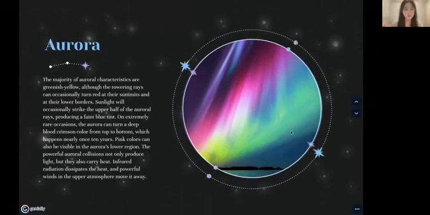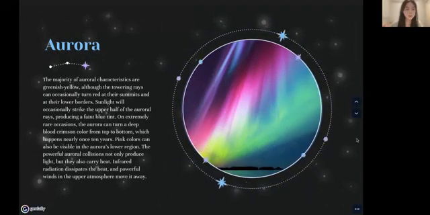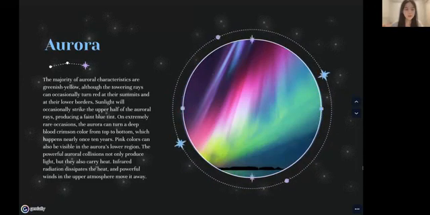The majority of aurora displays are greenish-yellow. This is greenish-yellow aurora. Although the towering rays can occasionally turn red at their summits and at their lower borders, sunlight will occasionally strike the upper half of the aurora rays, producing a faint blue tint. On extremely rare occasions, the aurora can turn a deep blood crimson color from top to bottom.